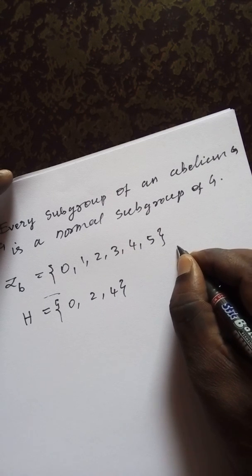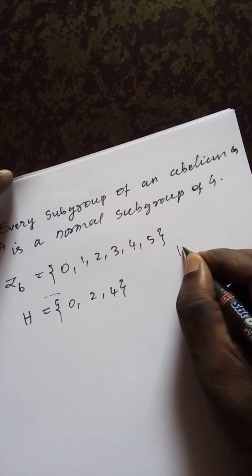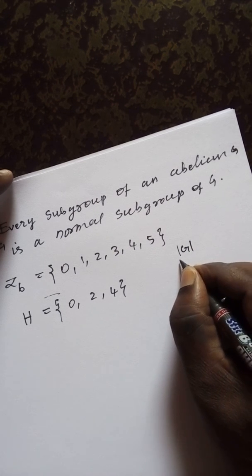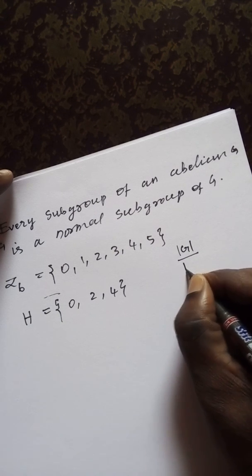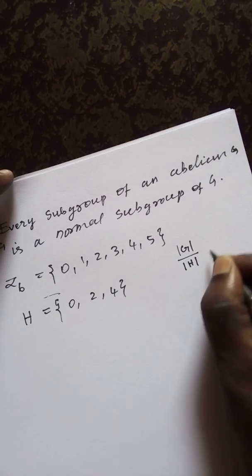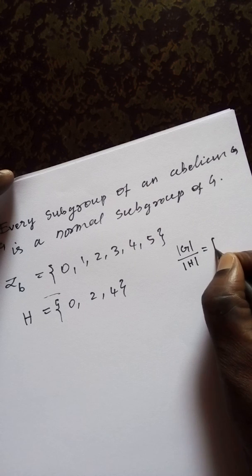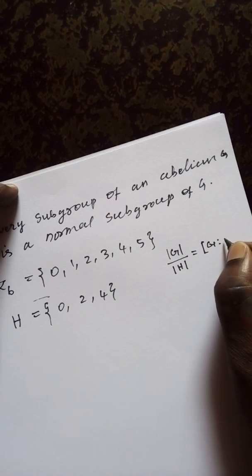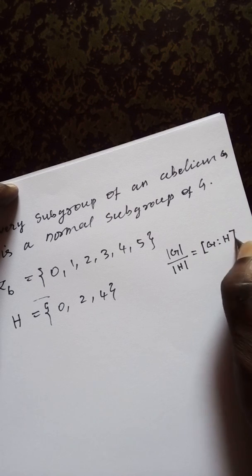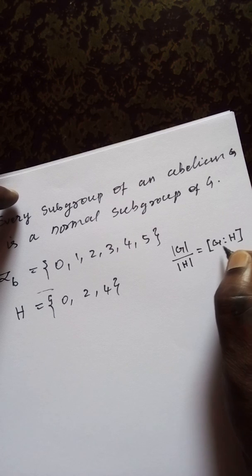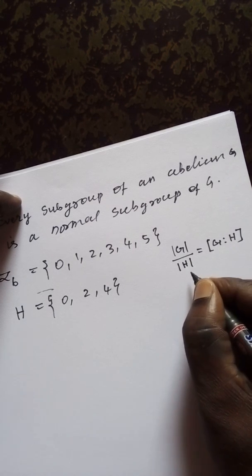Lagrange's theorem says that the cardinality of the group divided by the number of elements in this subgroup equals the number of cosets of H, the index of H. This is the index of H.